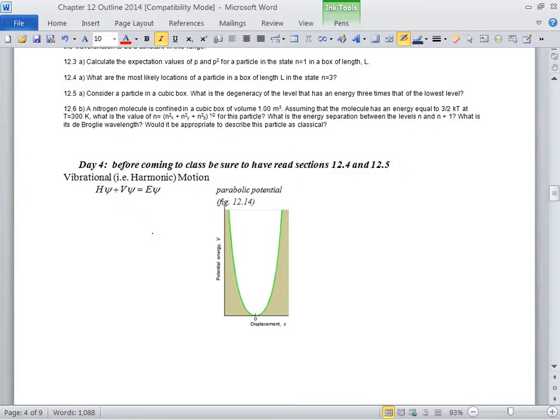If you're going to draw the energy levels, what would you end up drawing? How would you draw the energy? I give you the parabolic potential. I say sketch the energy levels for a harmonic oscillator. What would you draw? Go ahead and sketch the energy levels for a harmonic oscillator. Anything evenly spaced is acceptable.